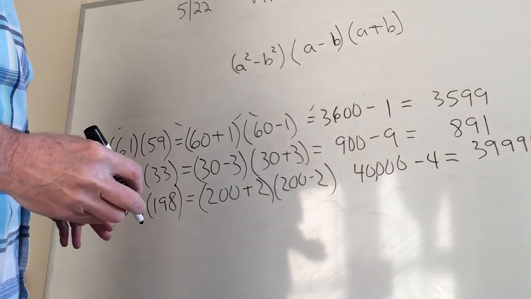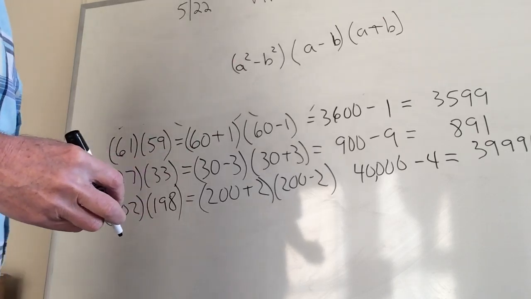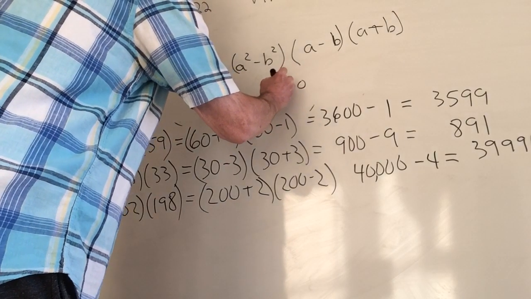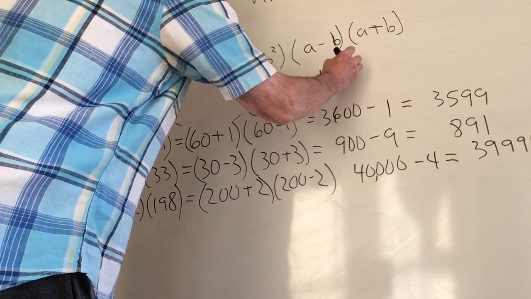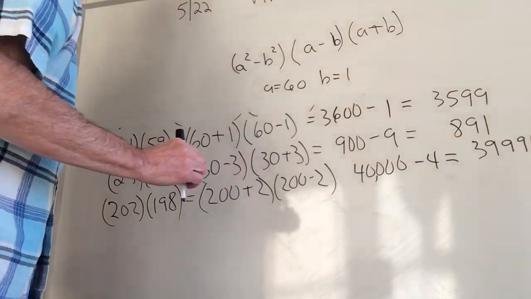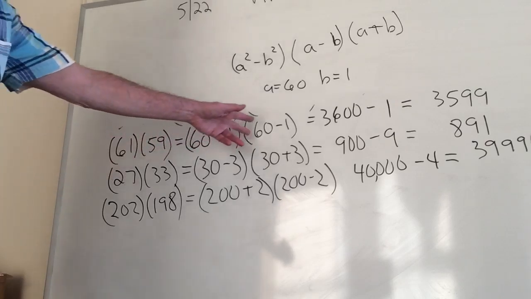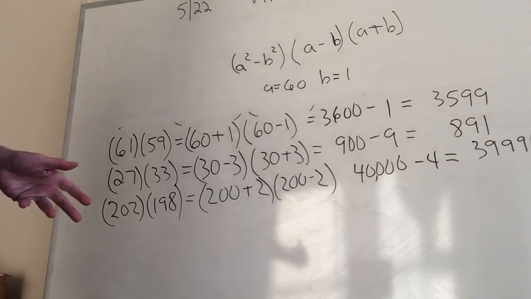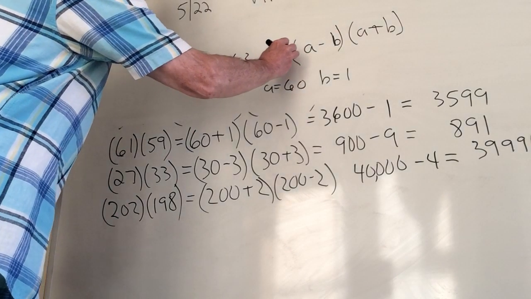So in this case, we're letting a equal 60, and we're letting b equal 1. So b flips from 1 to -1. When I write that out, you see it right here, going left to right. The beauty of this, as we've said so many times, is that the middle term disappears.